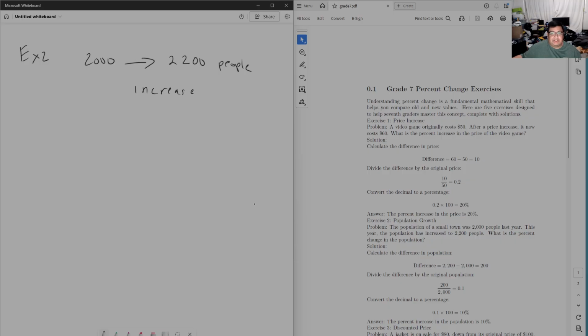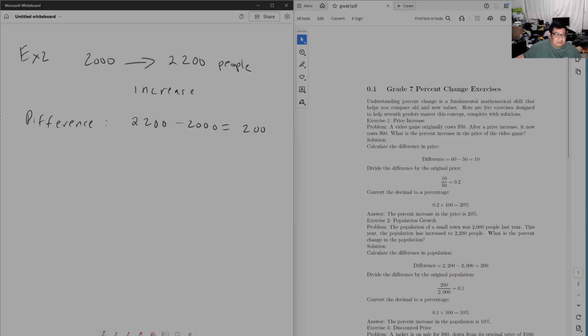Percent change increase. So first we're going to calculate the difference. It's going to be 2,200 minus 2,000. If you subtract that, that's going to be equal to 200 people. Now we divide by the original population.